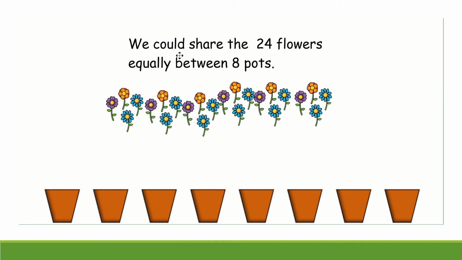Let's see, we said that we could share the 24 flowers equally between the 8 pots. So shall we share them out and see? Let's give each one a flower.